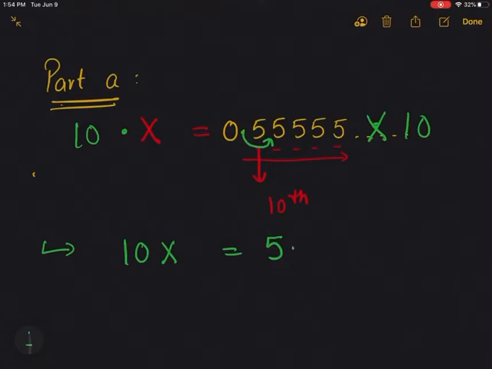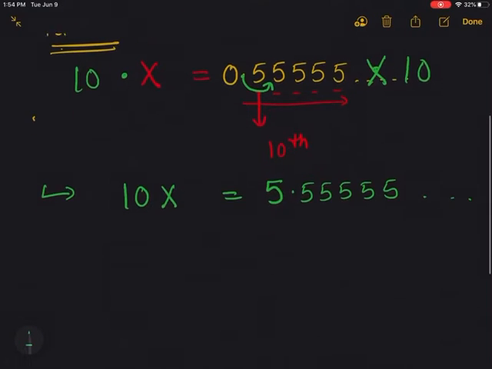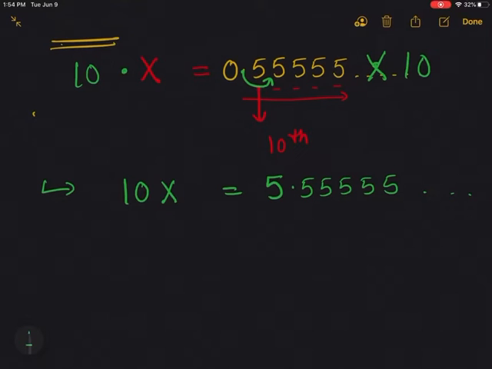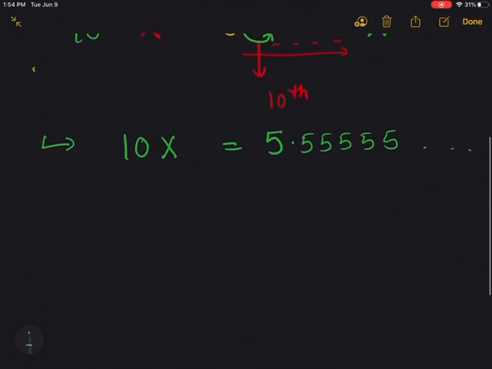So it would be 5.55555, and so on. There you go. You're done with your first step. So again, you need to identify the place value when it starts repeating. Once you figure out the place value, just multiply both sides by that, and that would be your first step. Let me show you one more example.